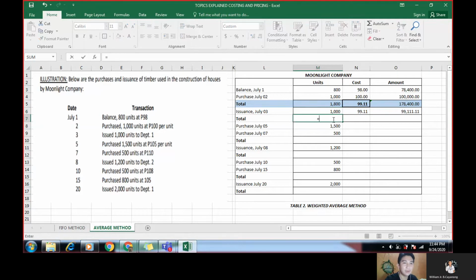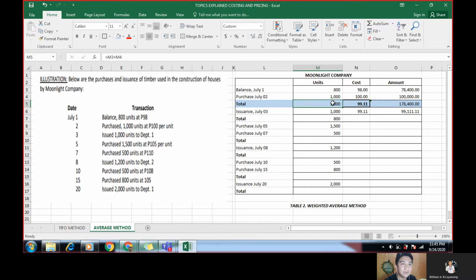Okay, so 1,800 minus 1,000 since issuance siya. Kapag issuance kasi, class, gagamitin ni company yung inventory for the production. So, we issue that. So, therefore, mababawasan yung inventory. So, equal sign.